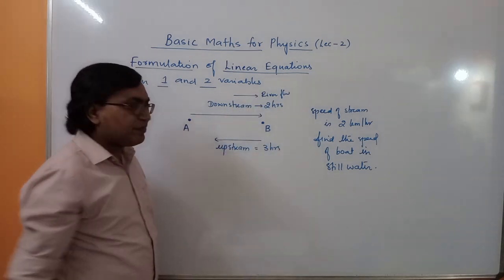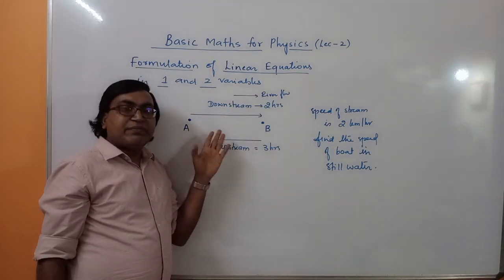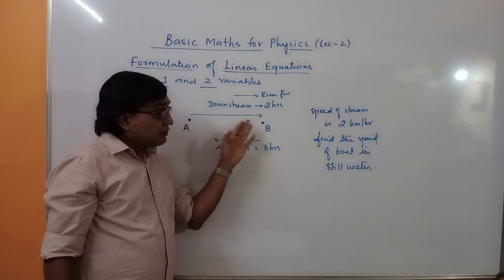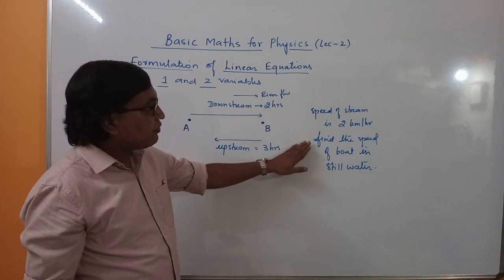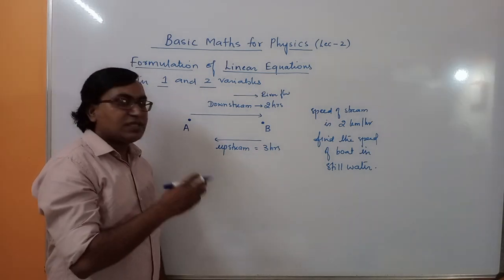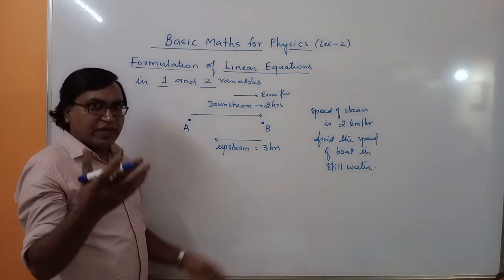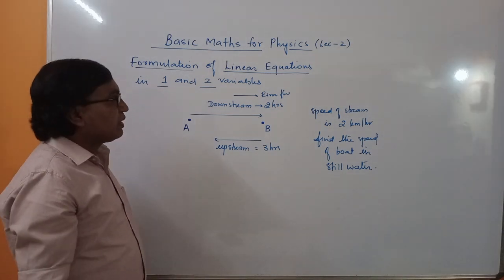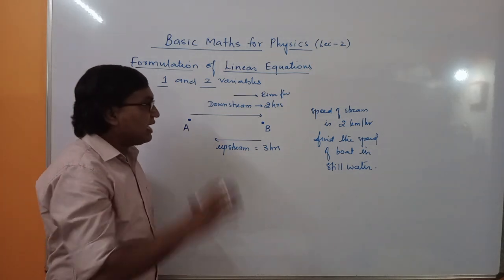And upstream it will take 3 hours to travel the same distance. You have to find the speed of the boat in still water. Just formulate the problem. You can pause and formulate it and find the answer.